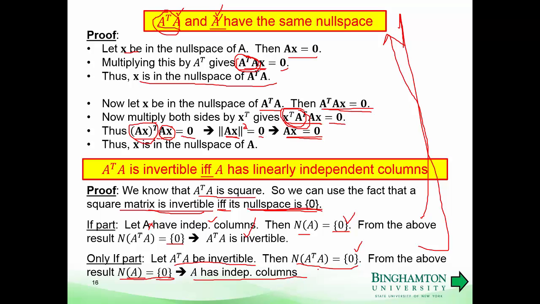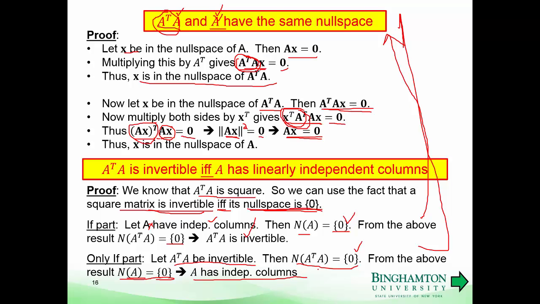We've proved that. So remember, we started off saying, you give me n linearly independent columns that span some n-dimensional subspace in Rm, and I can find the projection matrix onto that subspace.